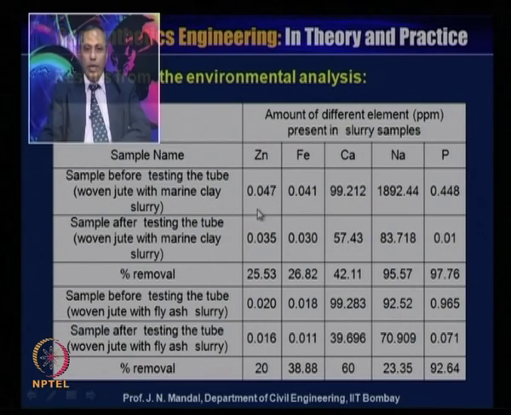You can see that zinc 0.047, iron 0.041, calcium 99.212, sodium 1892.44 and potassium 0.448. Similarly, the sample after testing of the geotextile tube of woven jute with the marine clay slurry is zinc 0.035, iron 0.030, calcium 57.43, sodium 83.718 and phosphorus 0.01.